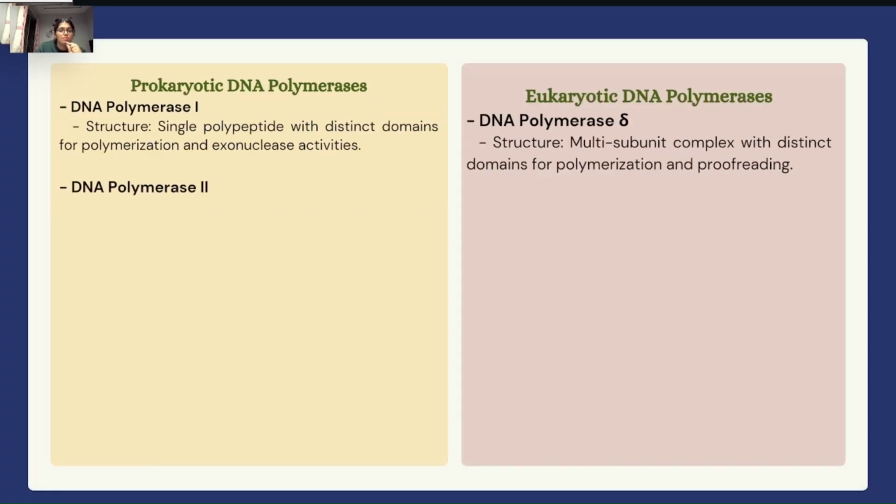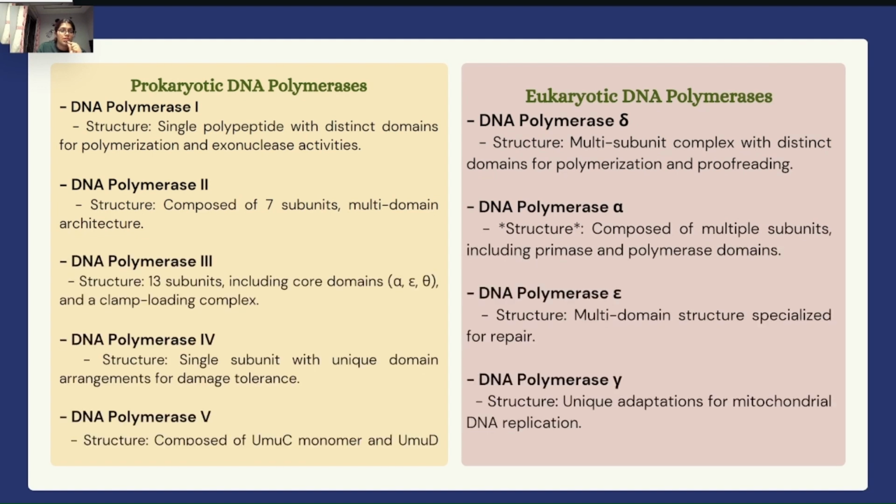Talking about the difference, the polymerases of prokaryotes and eukaryotes can be clearly distinguished. In the prokaryotic system there are DNA polymerase 1, 2, 3, 4, and 5. Talking about one, it's a single polypeptide with distinct domains for polymerization and exonuclease.